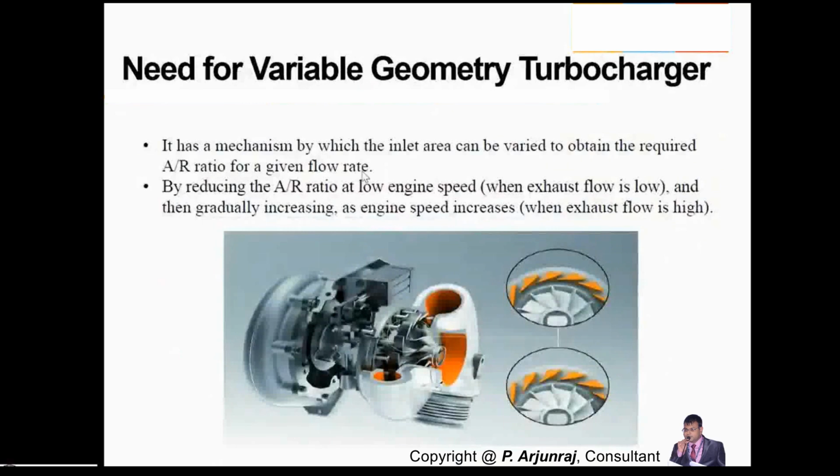But here, the VGT has a mechanism by which the inlet area, the area where the air enters, can be varied to obtain the required aspect ratio for a given flow. So it can either increase or decrease.